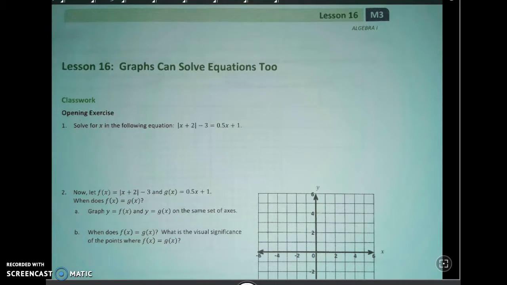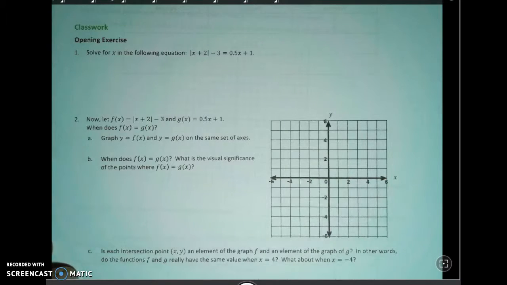It says solve for x in the following equation. So we have absolute value of x plus 2 minus 3 equals 0.5x plus 1. The way we solve this is first by isolating the absolute value expression and separating the solution into two cases.